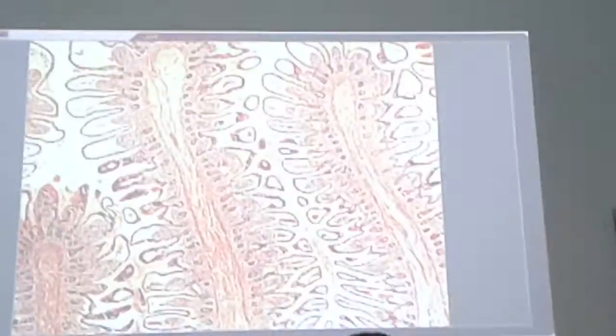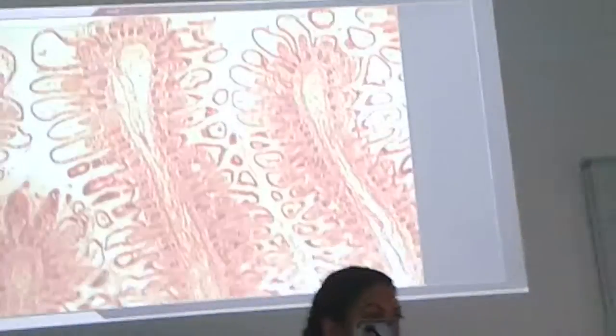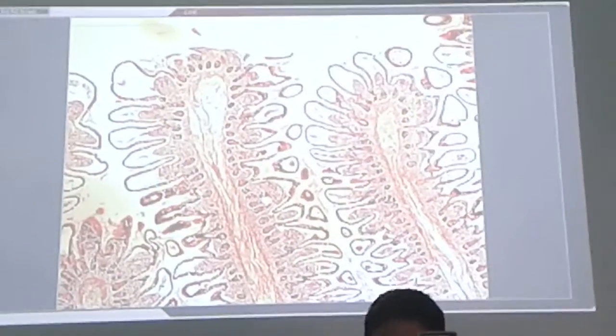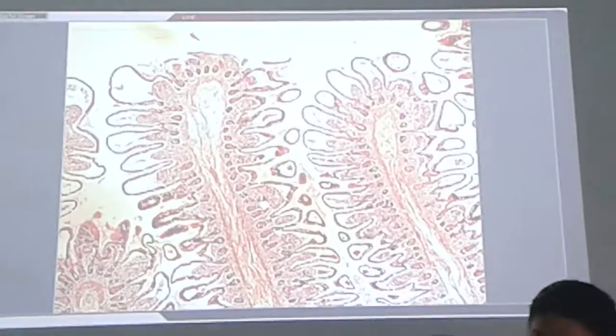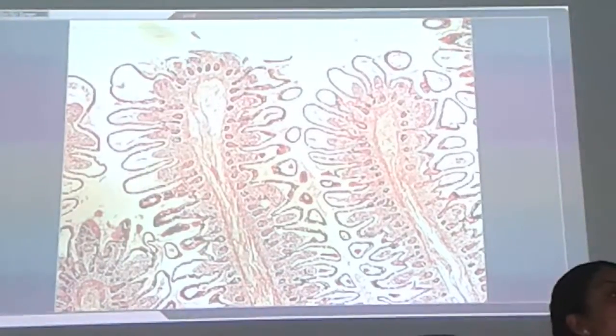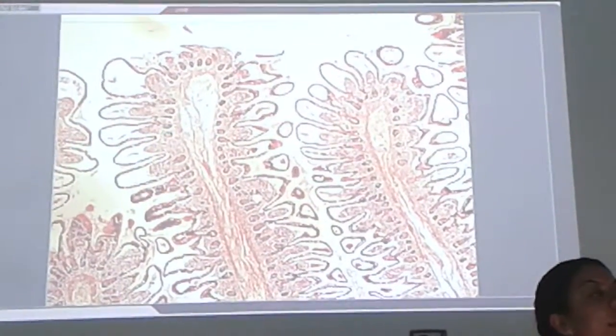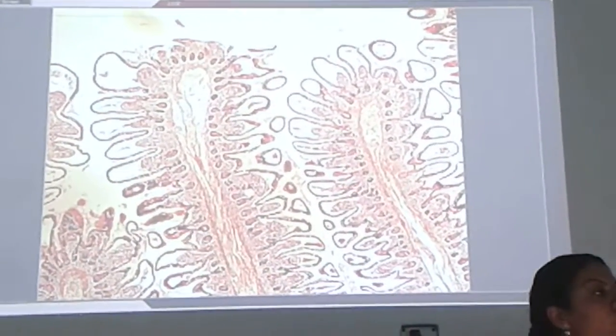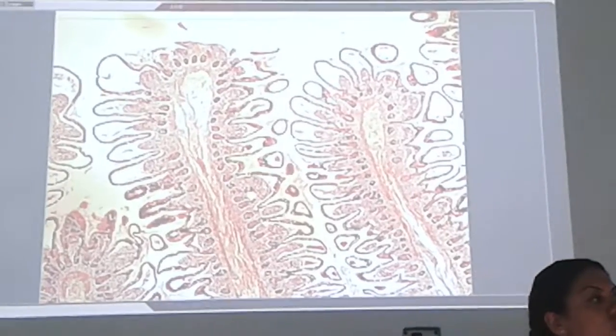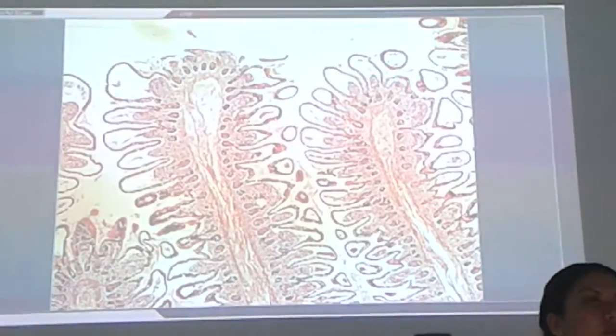So this is the lowest magnification, and this is jejunum. What's the distinctive feature of jejunum? How would you differentiate jejunum from duodenum or ileum?